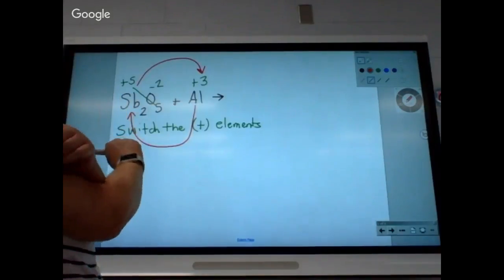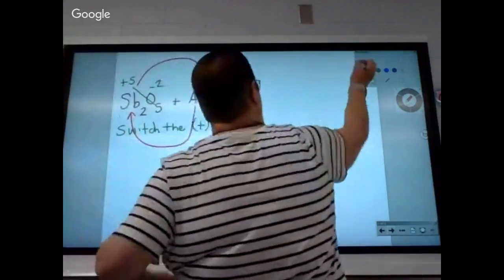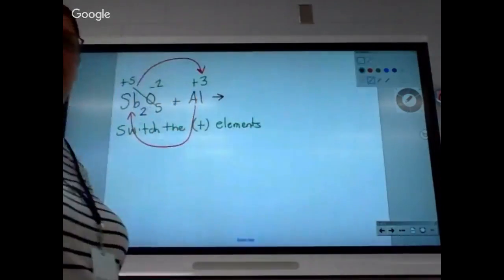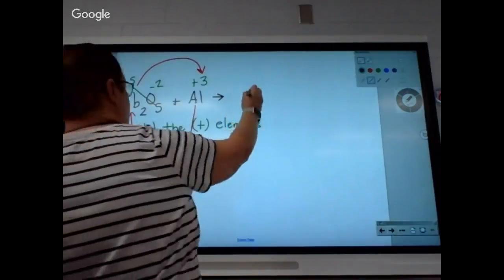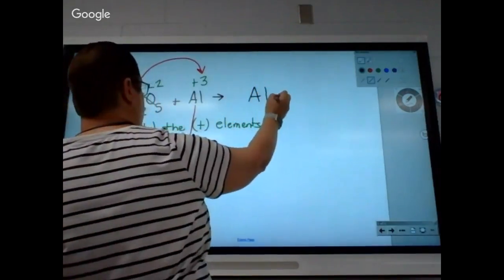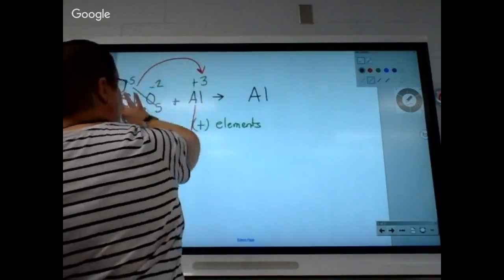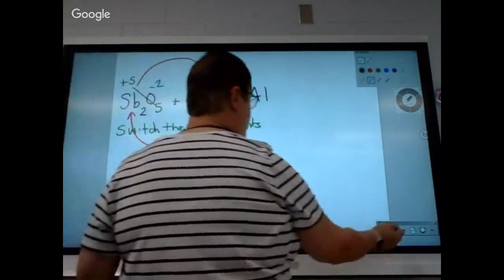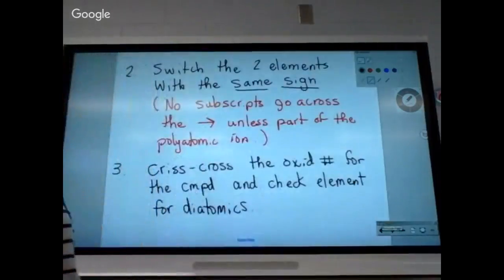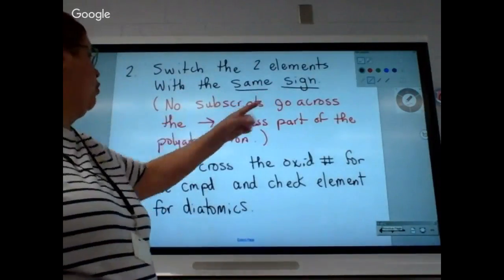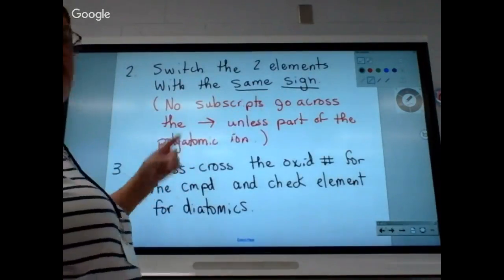So, what do I get on this side? Al with who? Do I have any polyatomic ions here? First of all, what does it say? No subscripts go across the arrow unless part of a polyatomic ion.